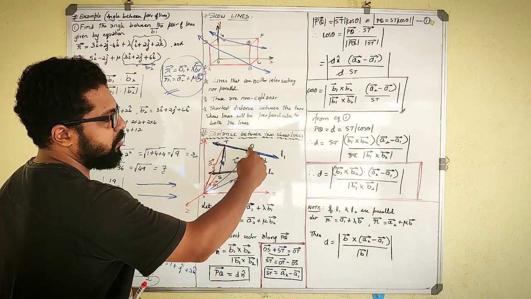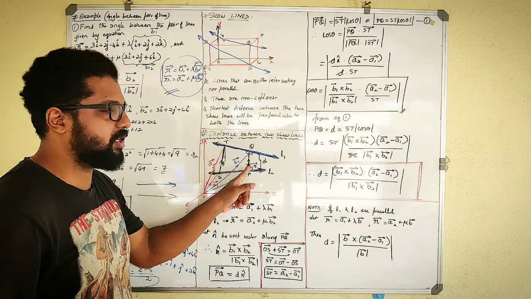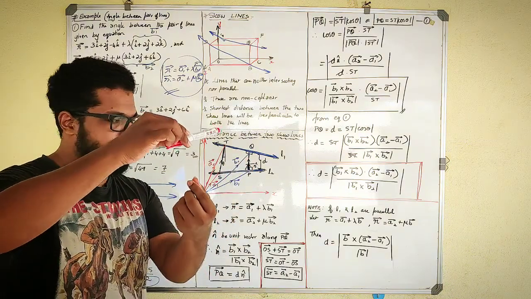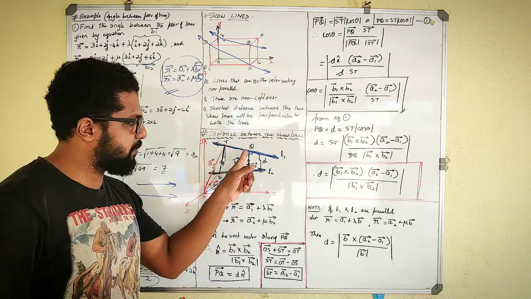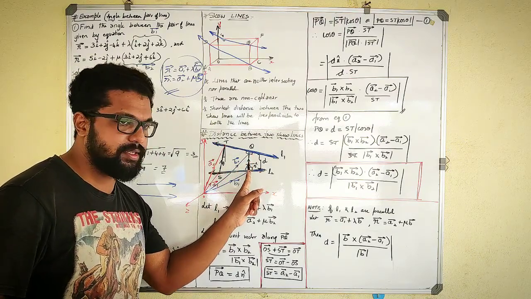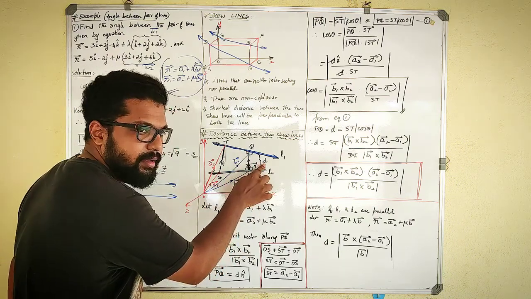Here PQ is the perpendicular to both the lines. This is the shortest distance between the two lines, as I told you in the imagination part, and both are perpendicular, as you can see in the diagram. I have marked it as the shortest distance, small letter d.